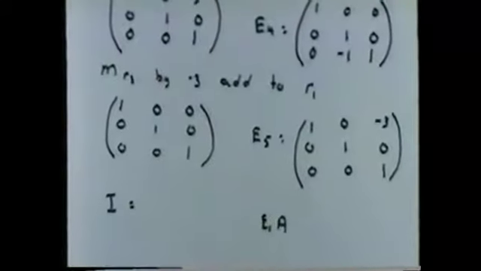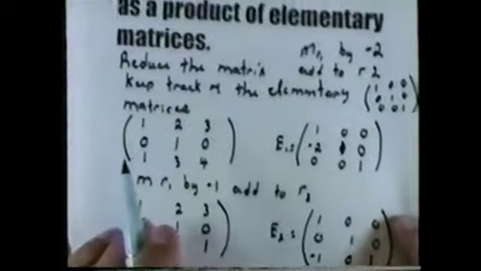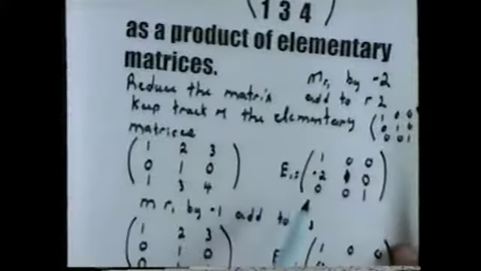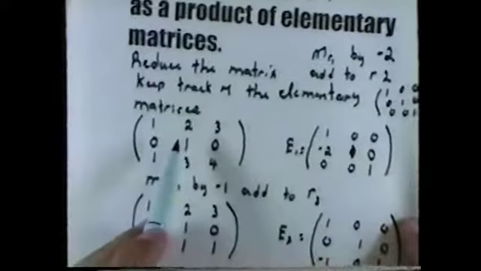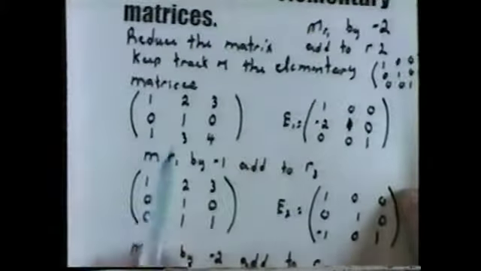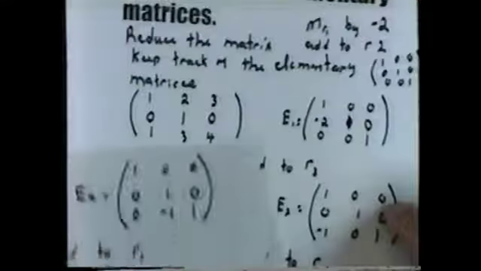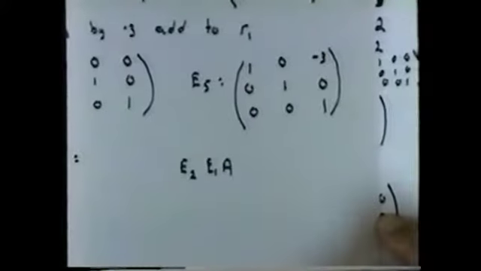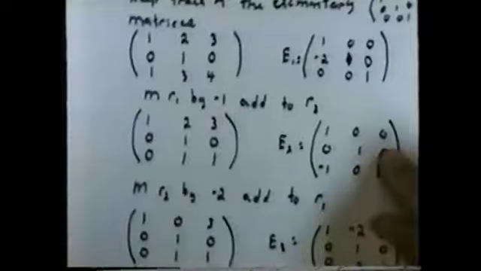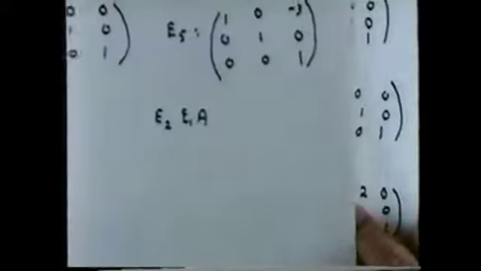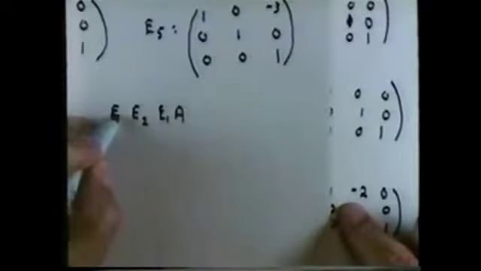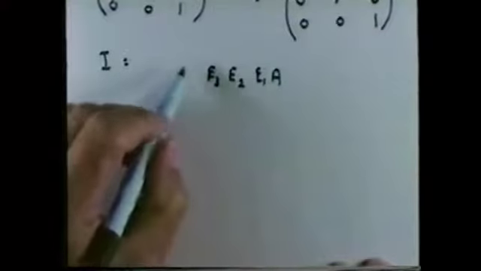So E1A, going all the way back up here, if I start with matrix A, multiplied by E1, I'll get to this place. Take this matrix, multiply it by E2, we'll get to here, multiply it by E3, we'll move down and so forth. You can see what we're doing.